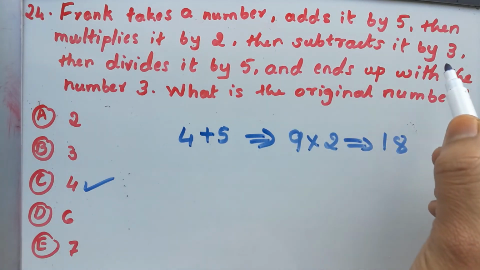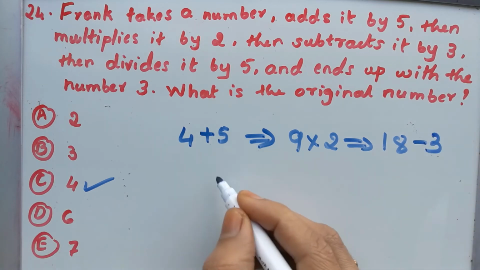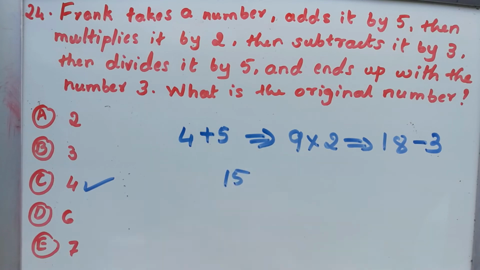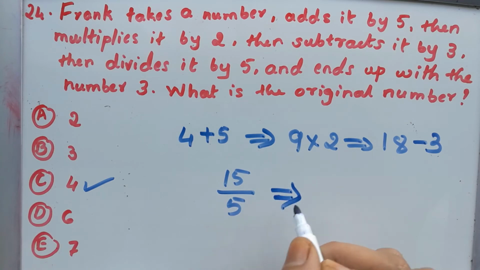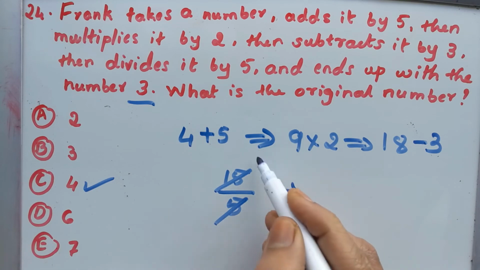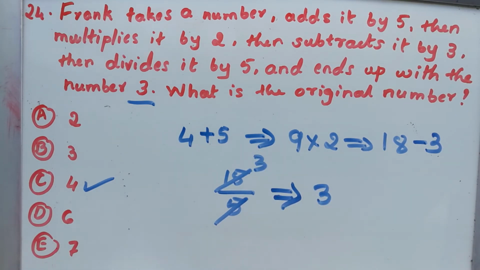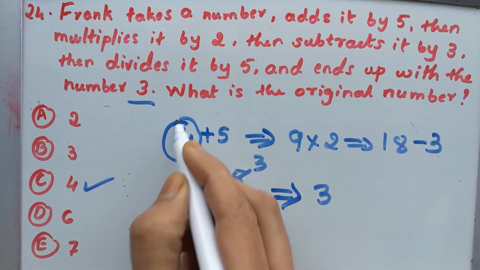Then subtracts 3. 18 minus 3 is 15. Then divides it by 5. So after dividing, he ends up with the number 3. So he got the answer 3. So original number is 4.